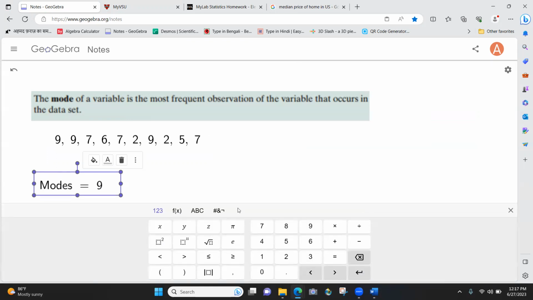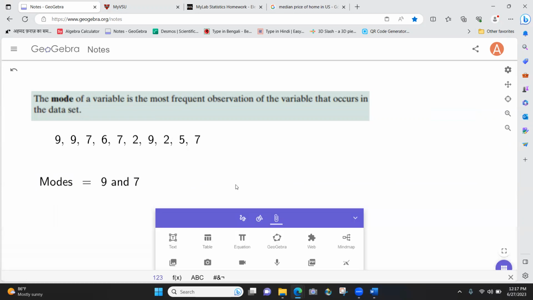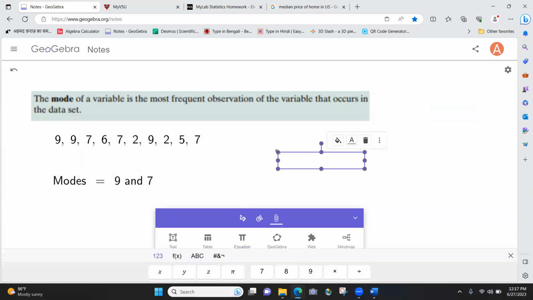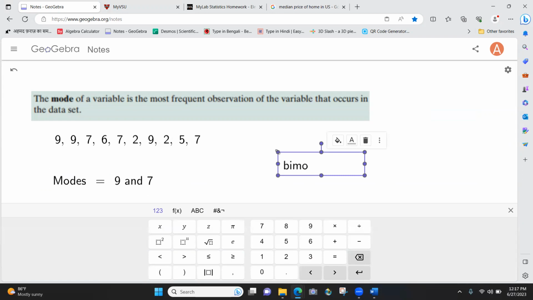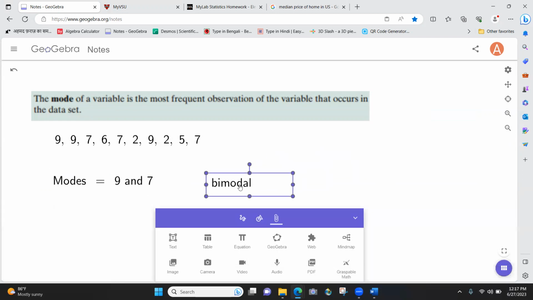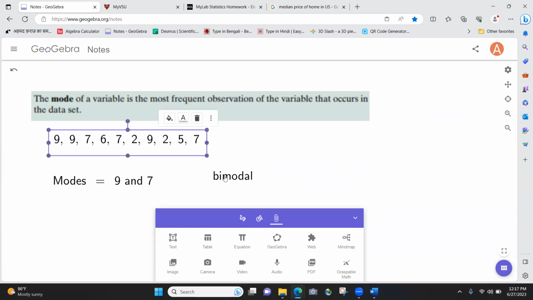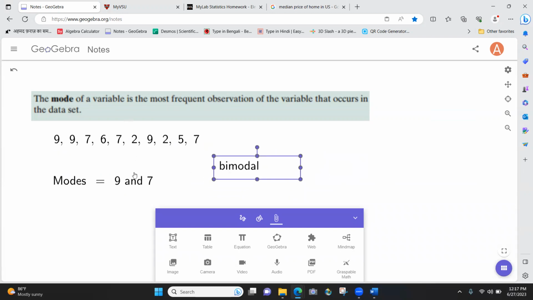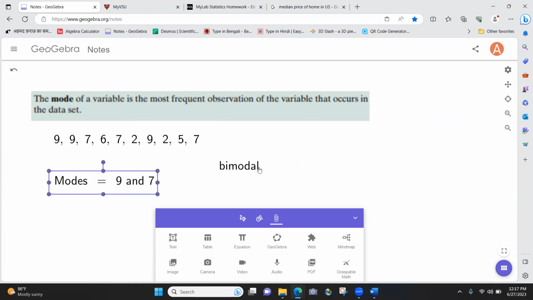The most frequent numbers are 9 and 7. All right, so this is called bimodal. Bimodal, 2 modes. Of course, it can be trimodal, but we don't see that too much. Bimodal means a data set that has 2 modes, like the one you see right here. Okay?